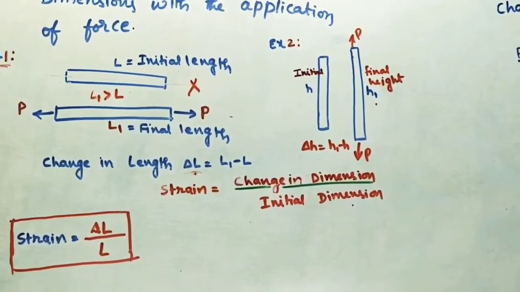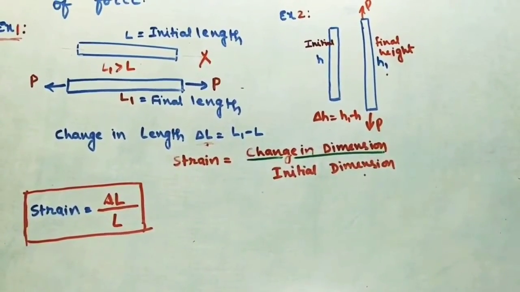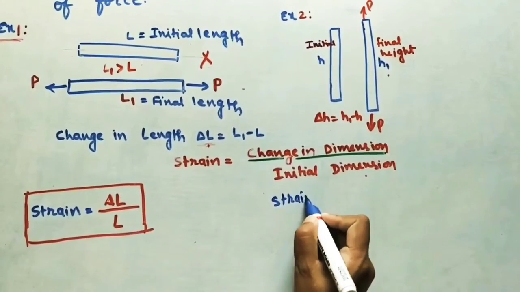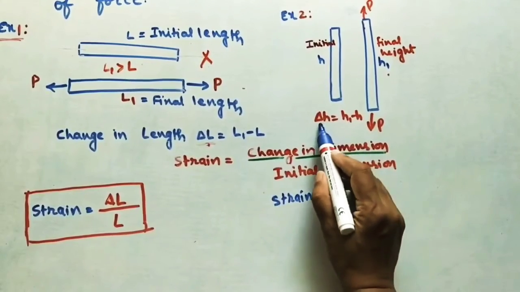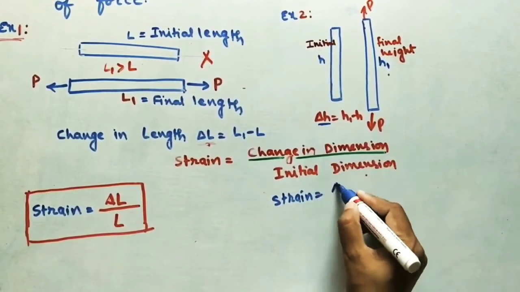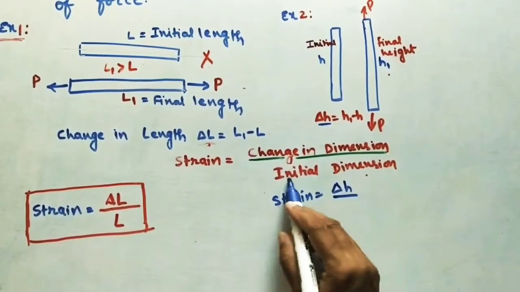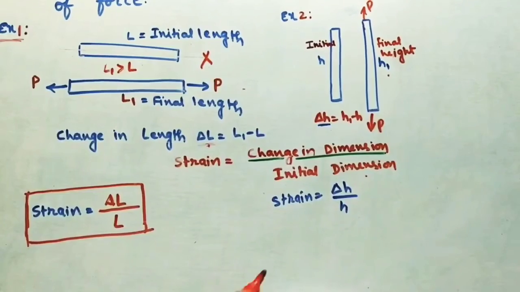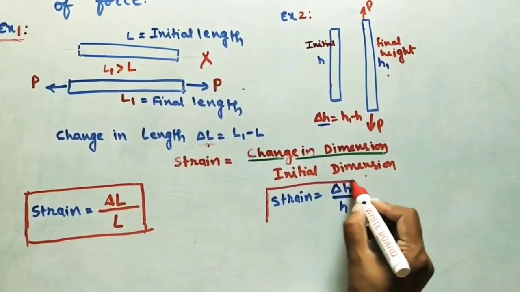Okay, and what is the strain in this case? Strain is equal to change in dimension. What is the change in dimension? It is h1 minus h, or delta h, divided by the initial dimension. Initial height is h. So this is the formula for strain in this case.